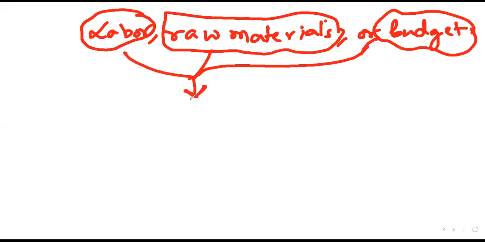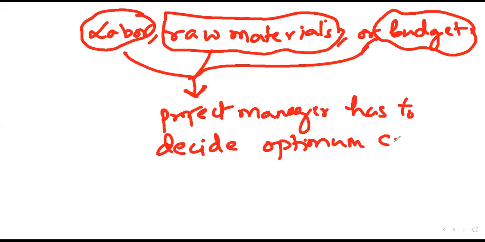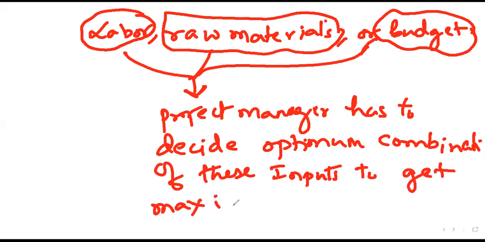So in this scenario, the project manager has to decide the optimum combination of these inputs to get maximum output. Maximum output means what?